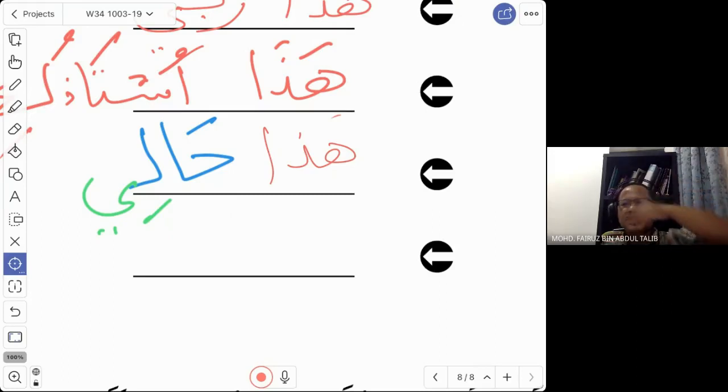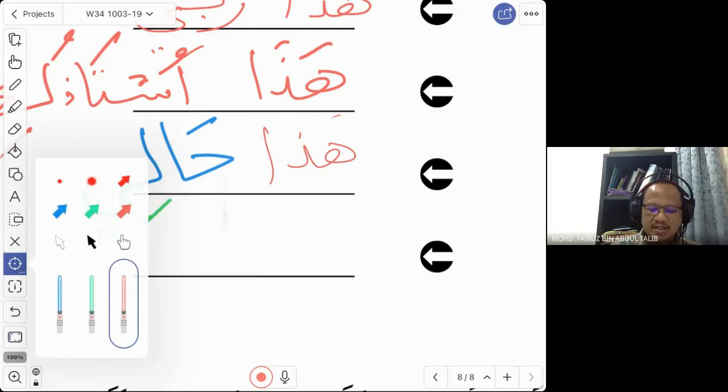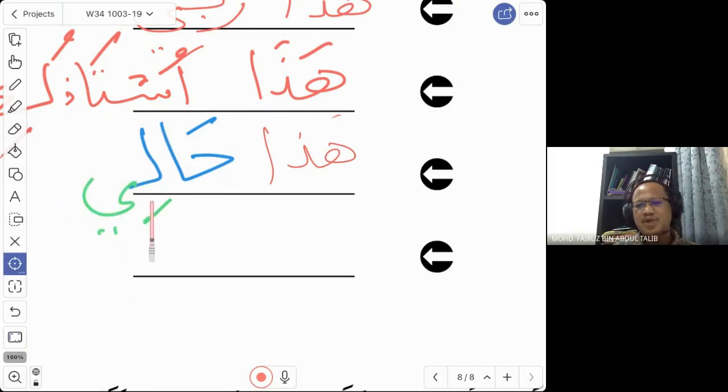These people all speak Arabic, and therefore there are some differences in the usage of certain vocabulary. For some Arabs, they treat this word hal as a male word. That is why they say haza. But for some, they say, no, we treat this as a female word. That is why they call it hazihi.